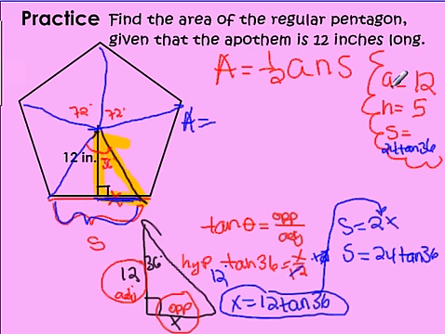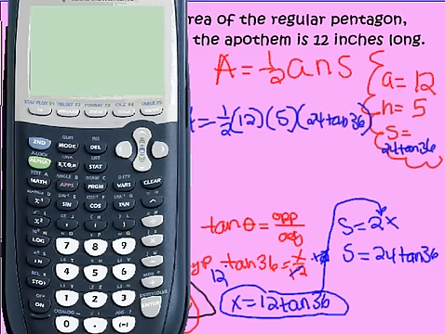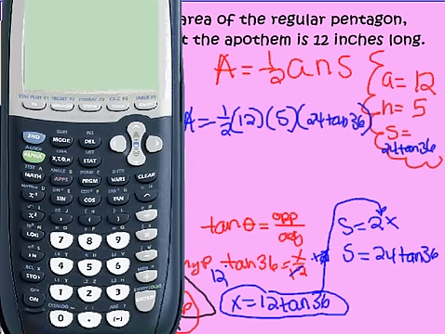Now that we have our apothem, the number of sides and side length, we can substitute these into our area formula. So area is equal to 1/2, our apothem is 12, the number of sides is 5, and we just calculated our side length to be 24 tangent 36. Using our graphing calculator, we can get an approximation of what this is.